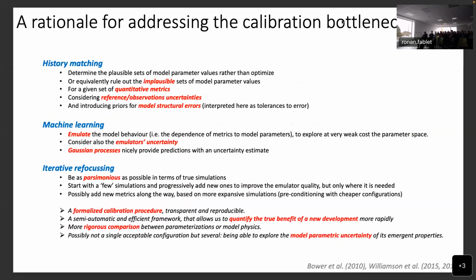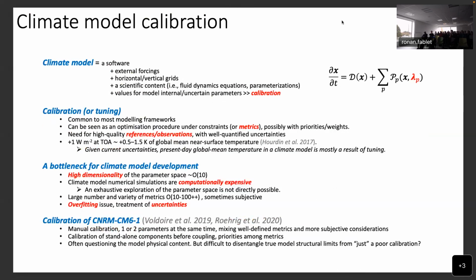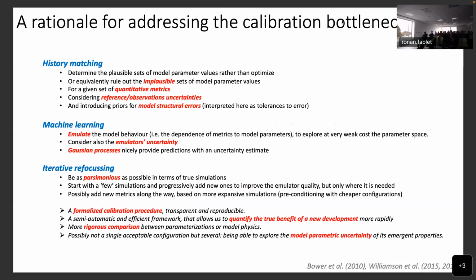So given this rather manual approach during the last few years, we defined a rationale for addressing this calibration bottleneck based on three features.